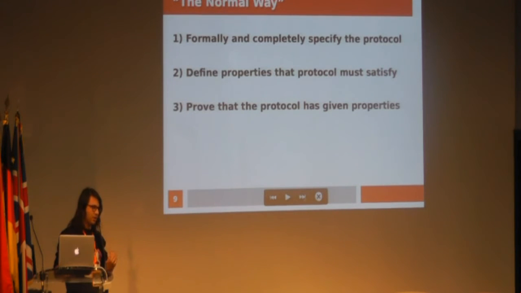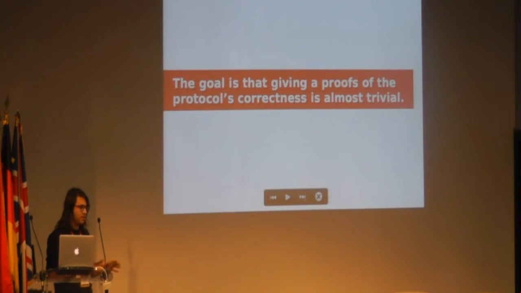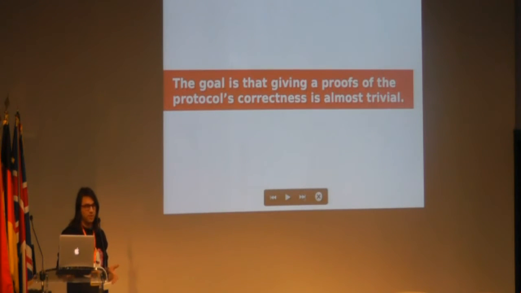Whereas in the correct by construction way, we're going to leave the protocol specification until after the proofs are done. So the goal is that we end up with really easy proofs of the correctness of our protocol, because we push the work from the correctness proofs to the actual derivation of the protocol that satisfies those proofs.